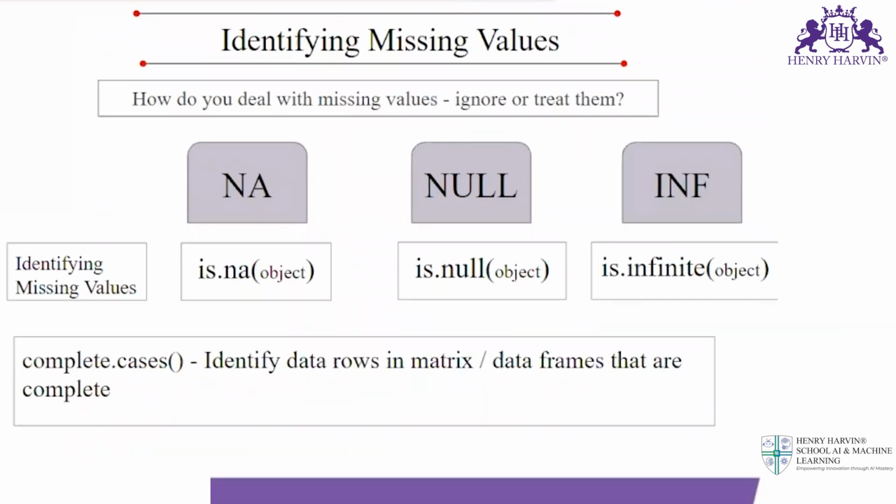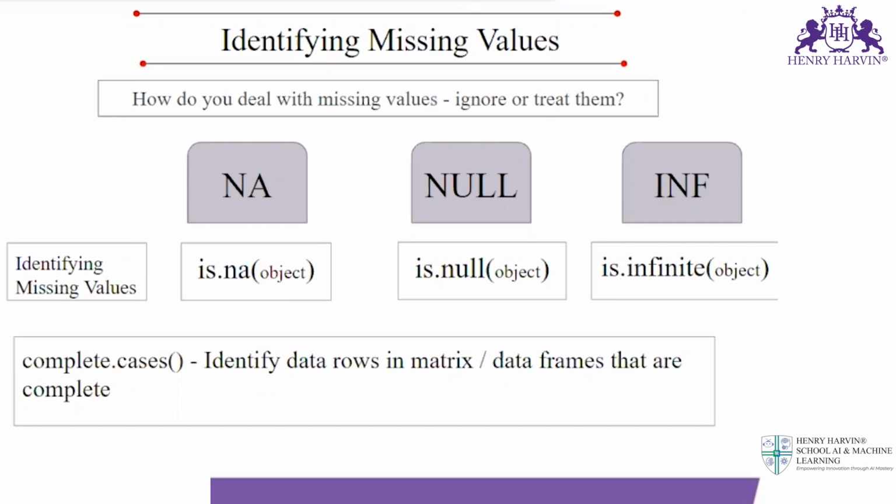Now, how to identify missing values? There are a lot of functions that can be used to identify missing values. When you have a data set, generally you will get NA in R. To identify and count those missing values, you can use is.na.